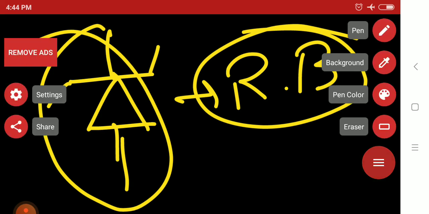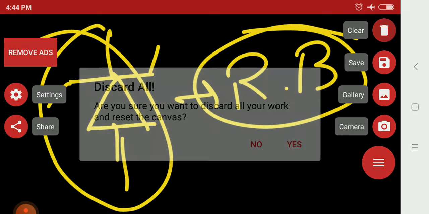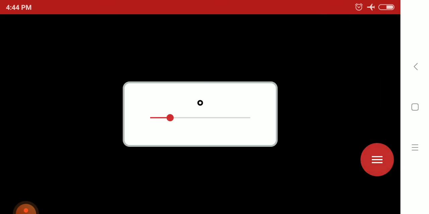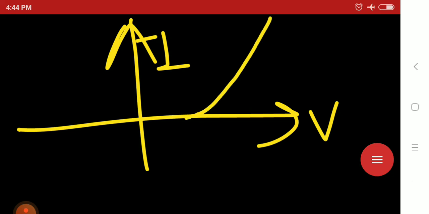From the graph you can also see this. Whenever you draw the I versus V graph, this is I and this is V. For a normal silicon diode, the cutoff voltage is 0.7 volt.